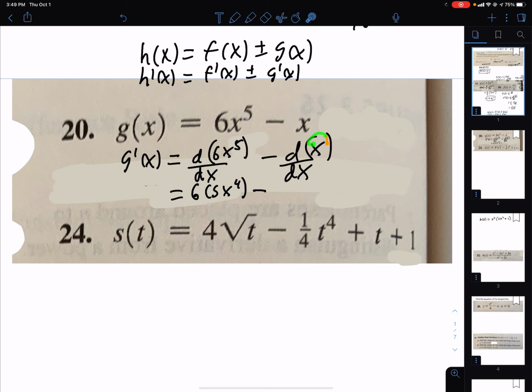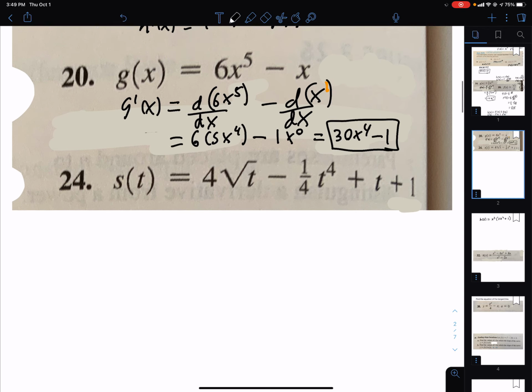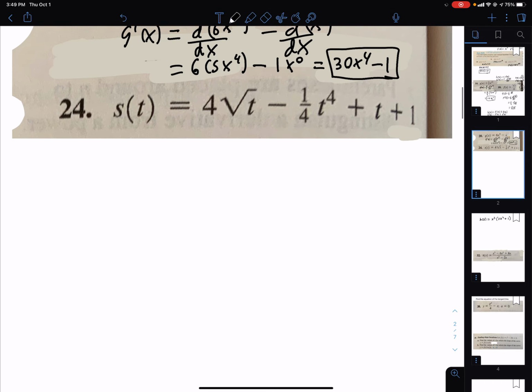So we bring the 1 in front and decrease that by 1, and we would end up with 1x to the 0 power. And this simplifies to 30x to the 4th, and x to the 0 is 1, so we're just going to get minus 1. And that's using the sum and difference theorem.